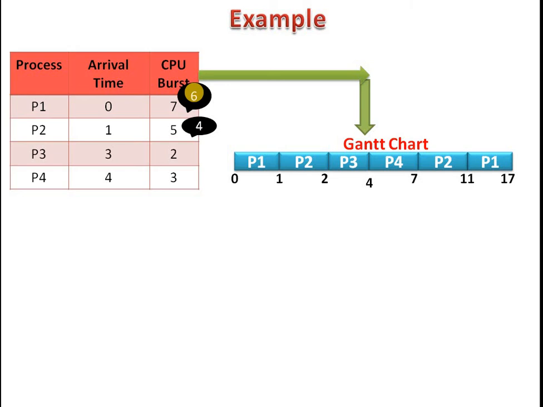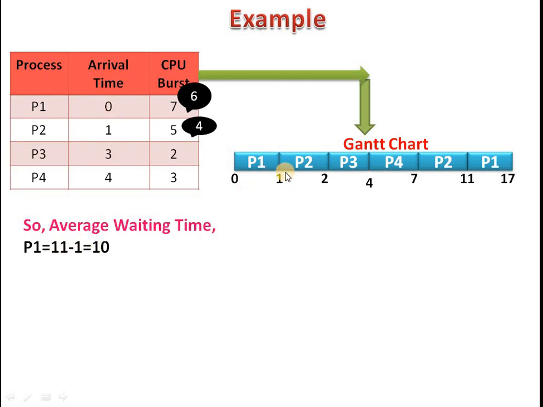So the preemptive SJF is also known as shortest remaining time first. Now we will calculate the waiting time of each and every process. P1, its waiting time is 11 minus 1, which it previously executed, minus its arrival time.